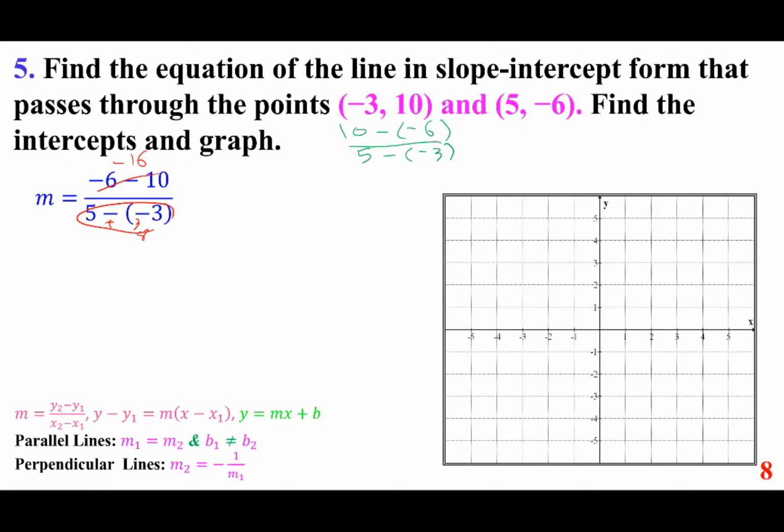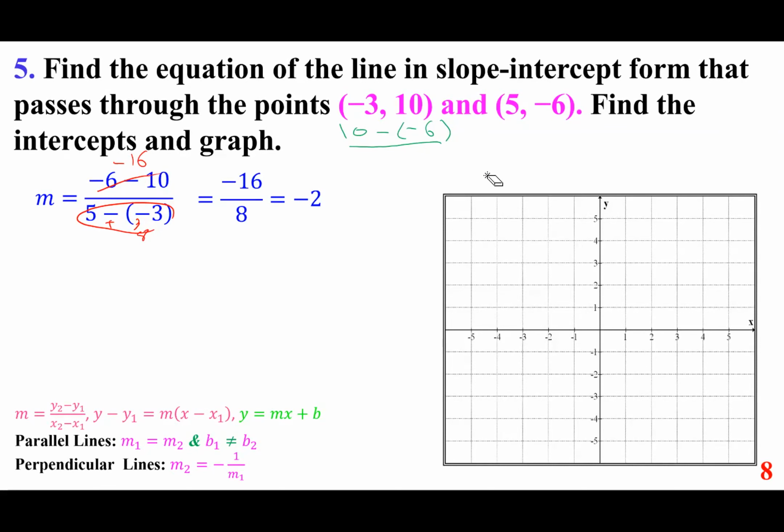So negative 16 over 8 gives us negative 2. I'm so sorry, this one, I meant minus 3 minus 5, which makes it -8, so 16 over minus 8, which makes it negative 2. So we've got to be consistent.